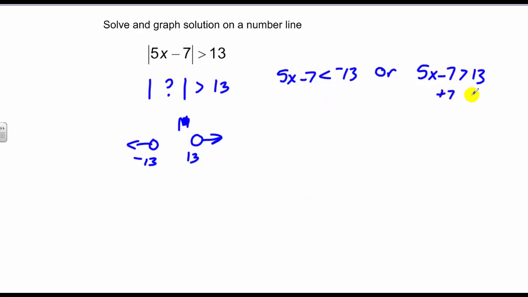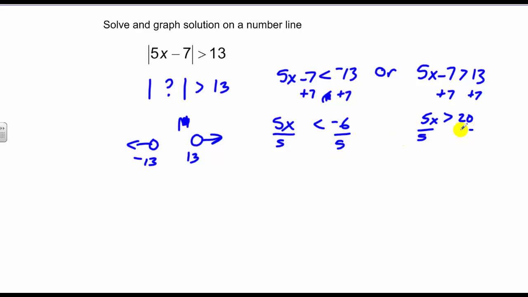Add 7 to both sides. Do it on both equations at the same time, might as well. So we end up with negative 6 here. Divide by 5 in both sets of equations.